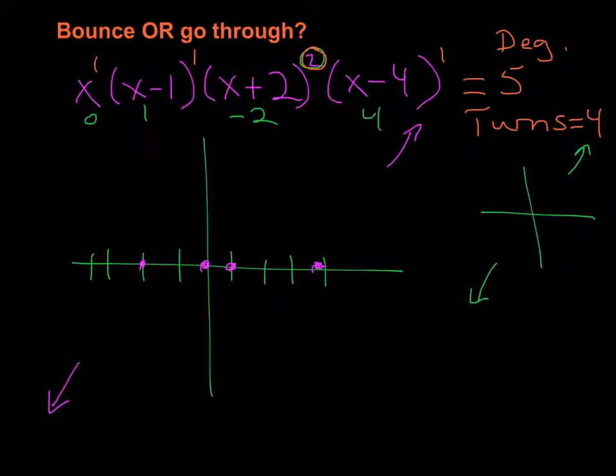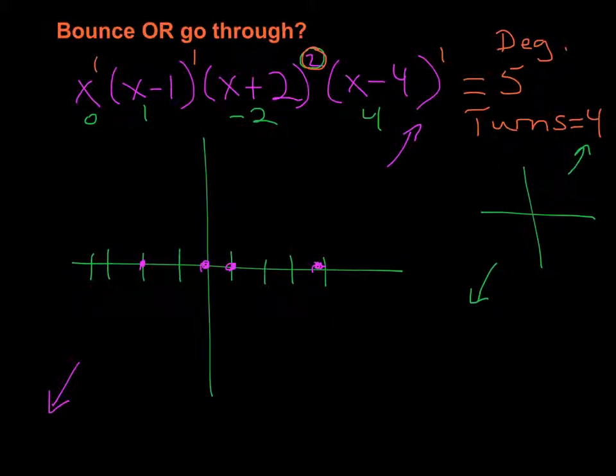This is called cutting through or bouncing. If your zero is an odd power, you're going to go through it. And if it is an even power, you are going to bounce off of it, because basically there's 2 of them there. If there's 2 roots at negative 2, you're going to bounce there.